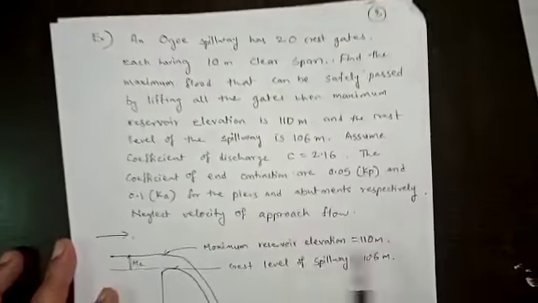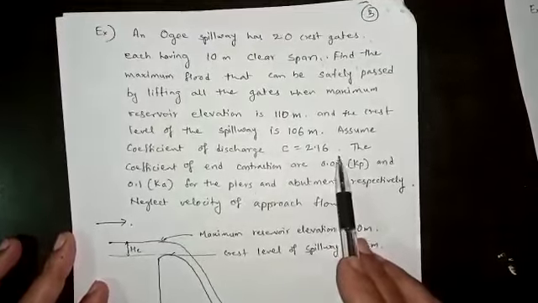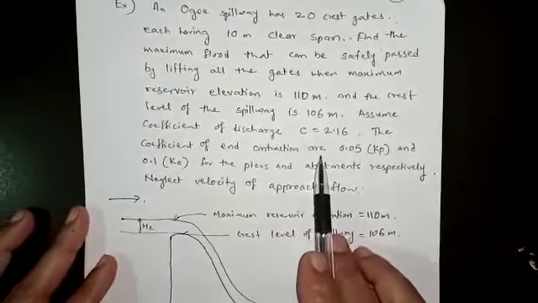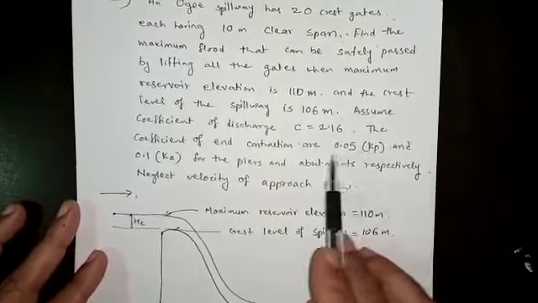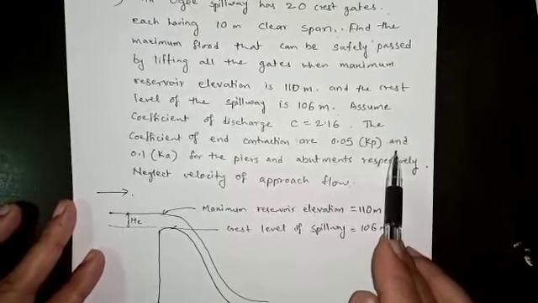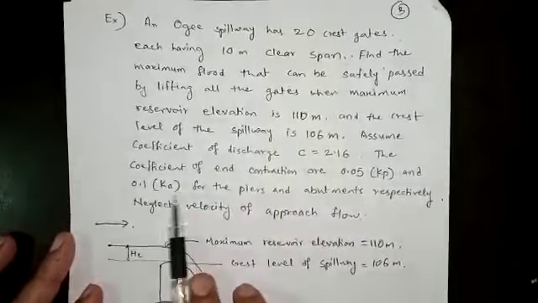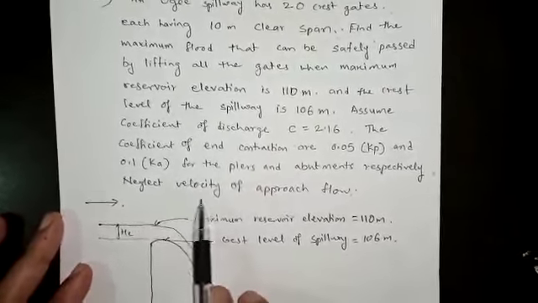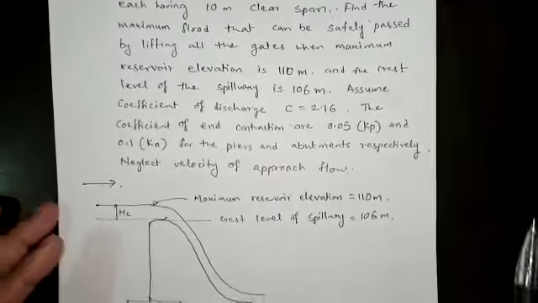Assume the coefficient of discharge C as 2.16. The coefficient of end contraction for pier Kp is 0.05 and for abutment Ka is 0.1. Neglect the velocity of approach flow.